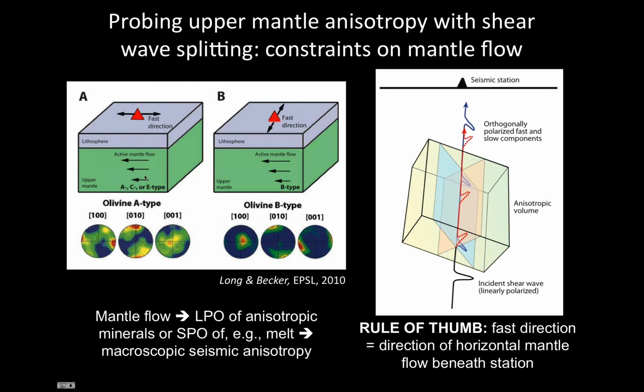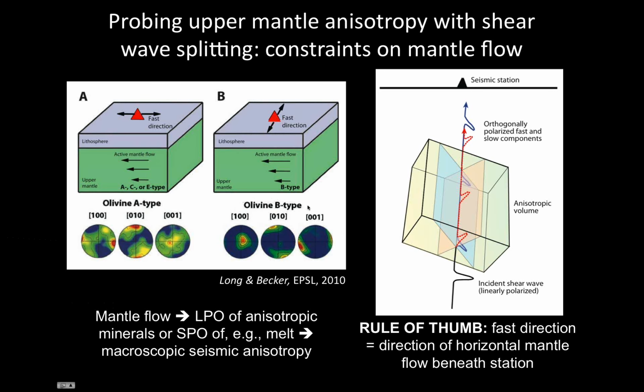So the idea is that you have some kind of horizontal mantle flow beneath a station. This is an example scenario. At least for most types of olivine fabric, A, C, or E type, that will result in seismic anisotropy that has a fast direction roughly parallel to the direction of mantle flow. That's if you have horizontal mantle flow with a vertical gradient in the mantle flow velocity.